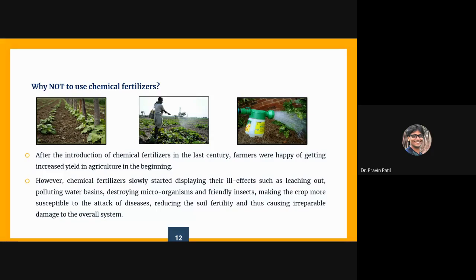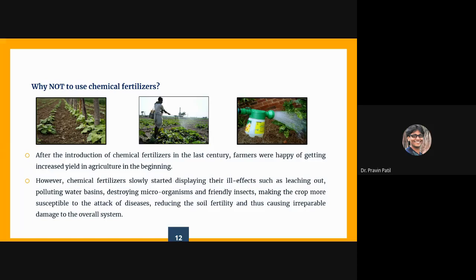So why is everyone hating chemical fertilizers? When chemical fertilizers came in the last century, everyone was very excited, and farmers were very happy since they were obtaining multiple folds of profit from their crop yields. However, eventually they realized that these chemical fertilizers, which were being sprayed on the soil, are getting shifted into the water basins and water tracks, and destroying several microorganisms, several microflora that are very essential for soil fertility.